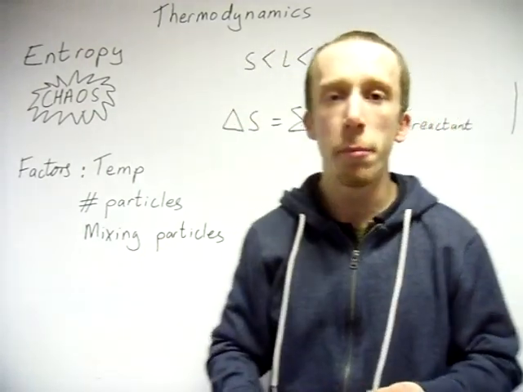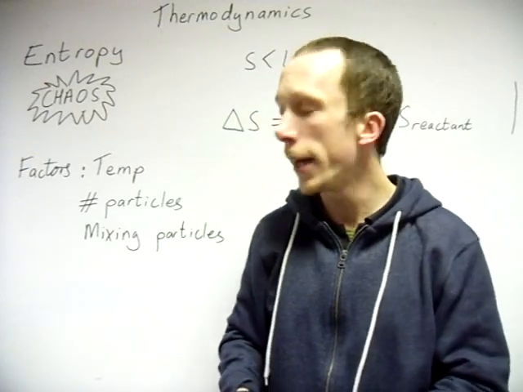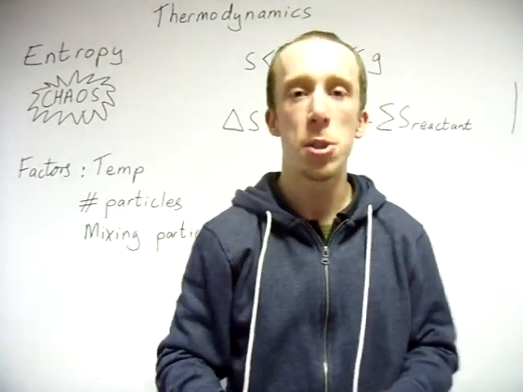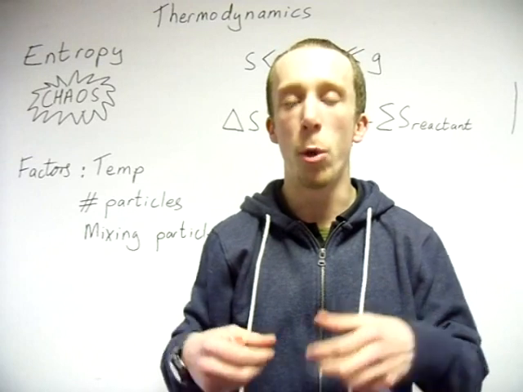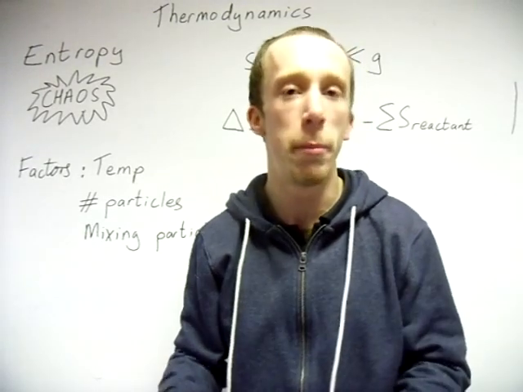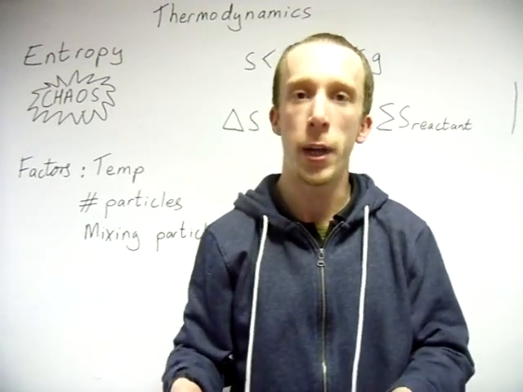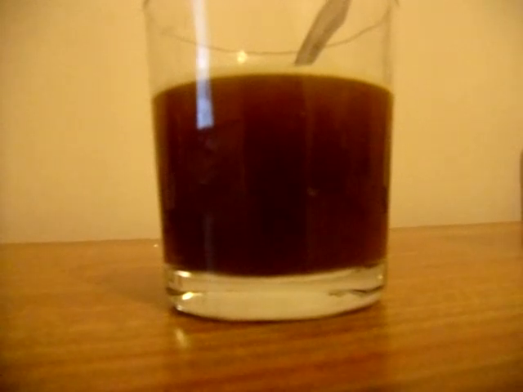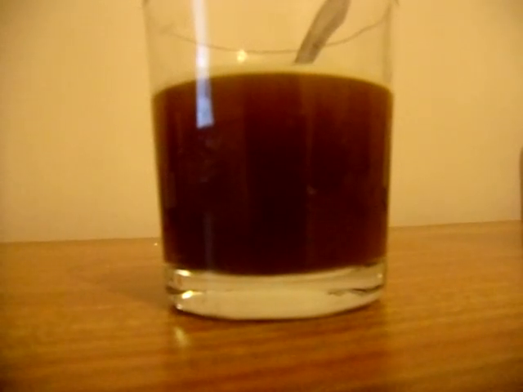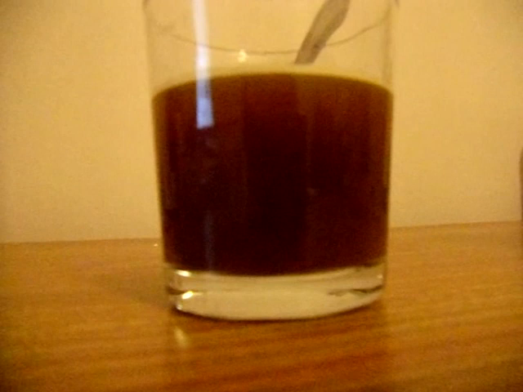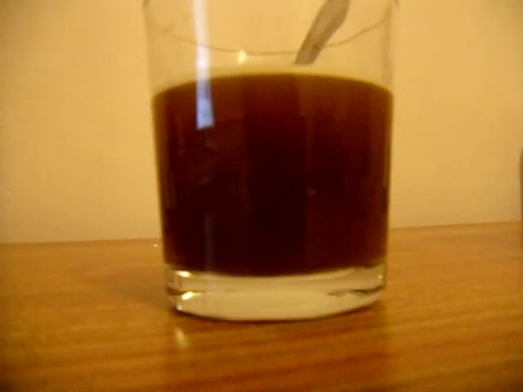Now the mixing of particles, in a similar manner. I will try and get a little clip of what happens when you add some milk into tea. Okay, so this is a quick experiment to show how entropy is at work in the mixing of coffee and milk here.